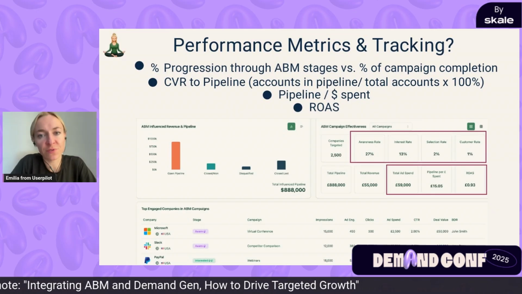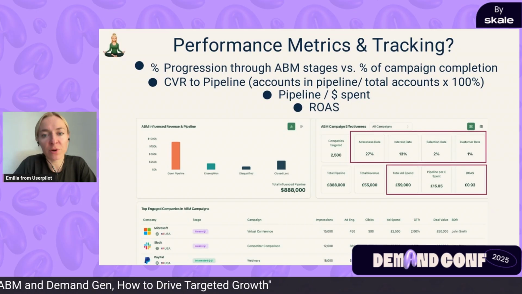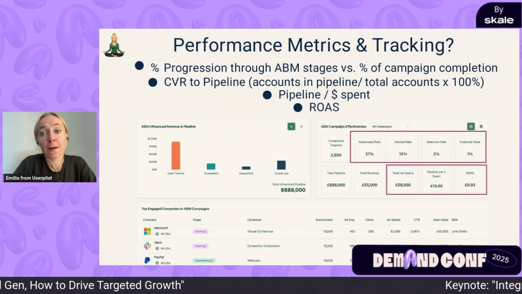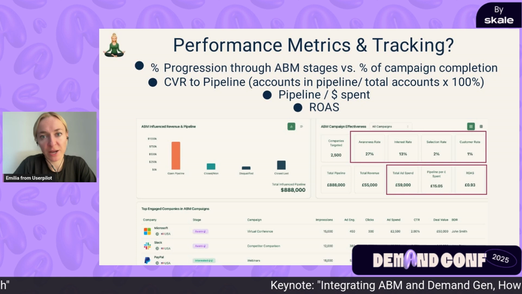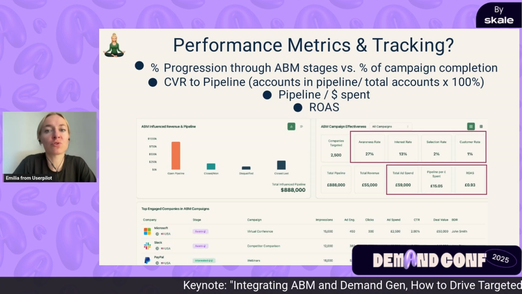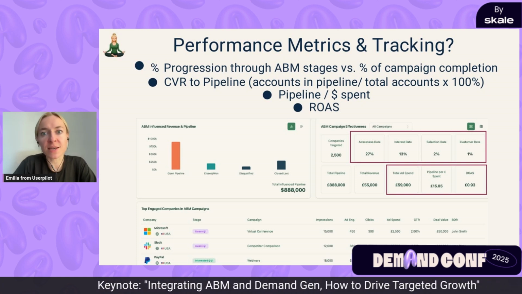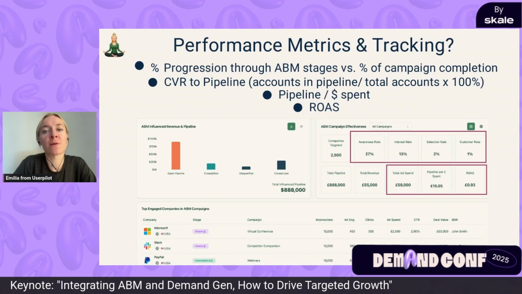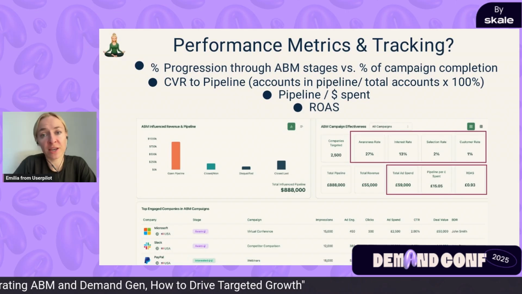So you basically divide the target pipeline by the target budget that you have for the campaign, and that gives you the pipeline per dollar spent. So it's a metric that you can track throughout the campaign to see if it's performing well in terms of driving qualified pipeline from the budget.